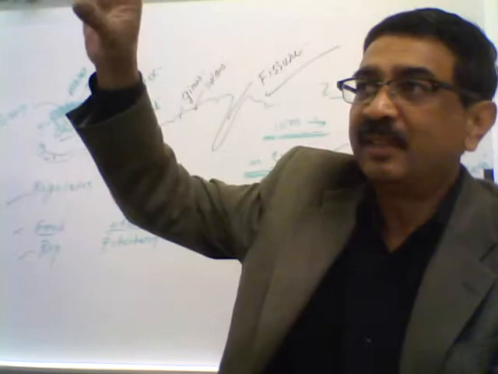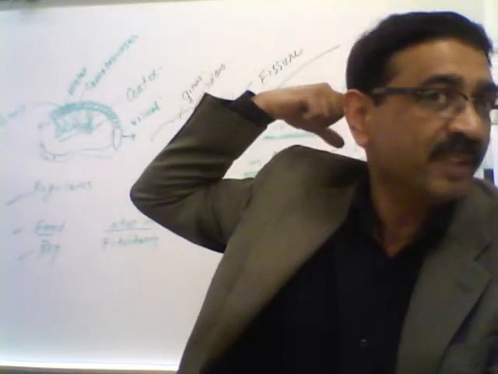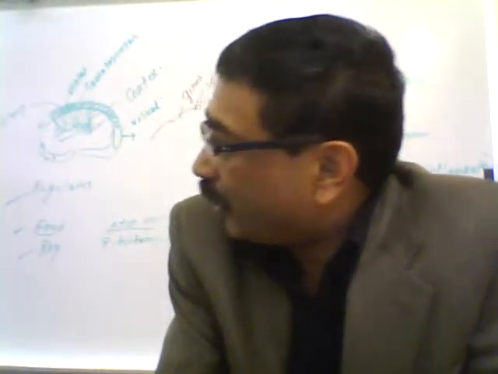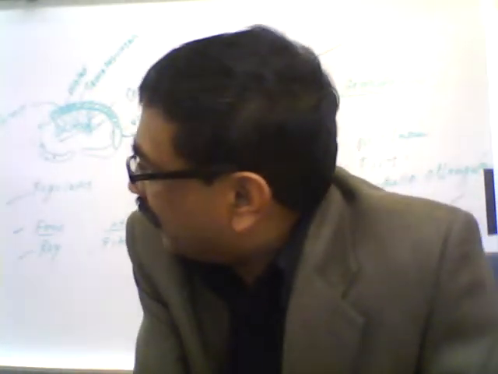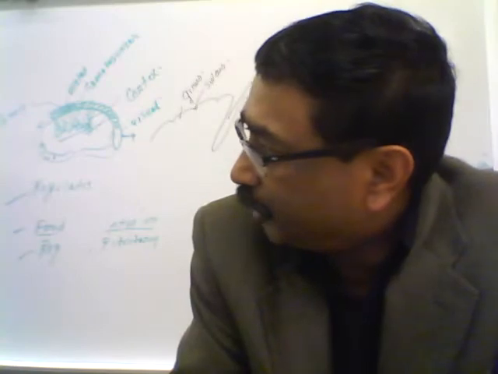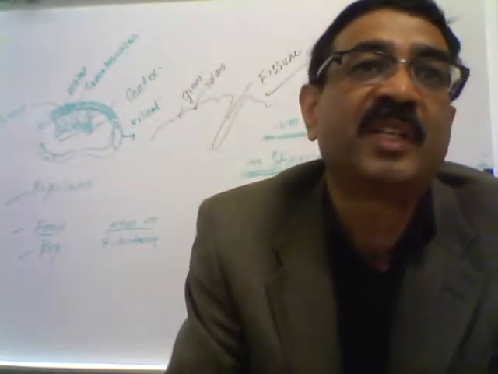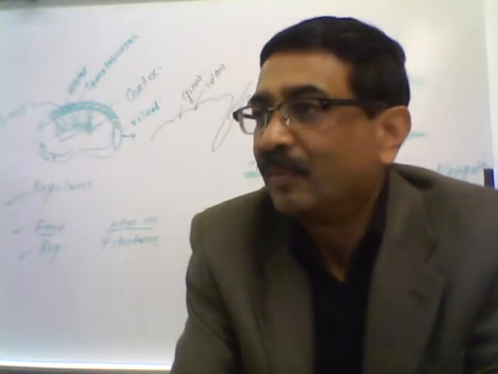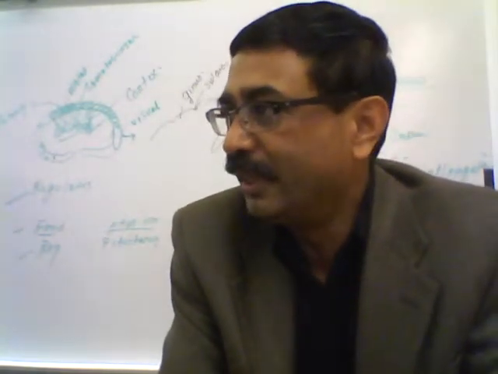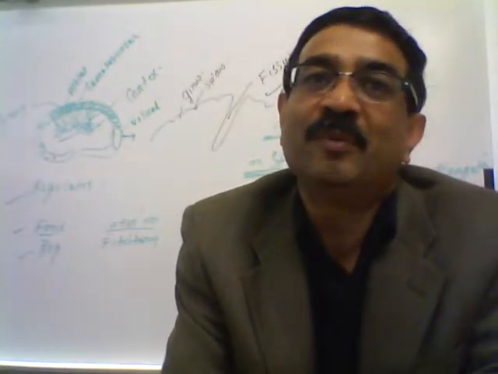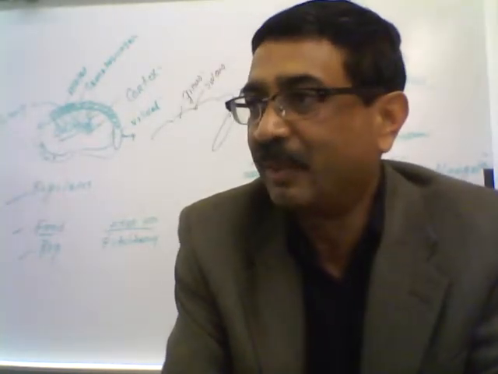Whatever you see, that picture is processed there. And around the primary visual cortex, you have other visual areas, called visual association areas. So, the occipital lobe is mostly for visual signal processing.